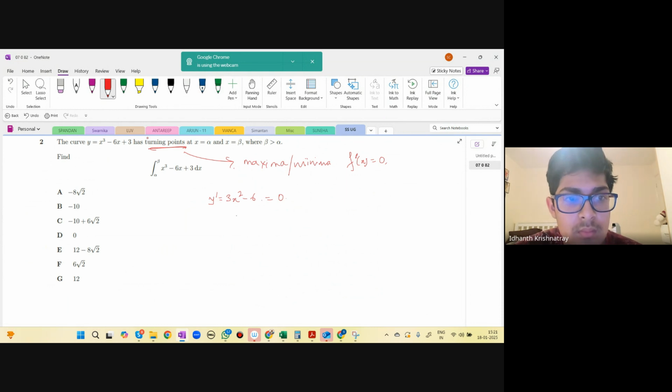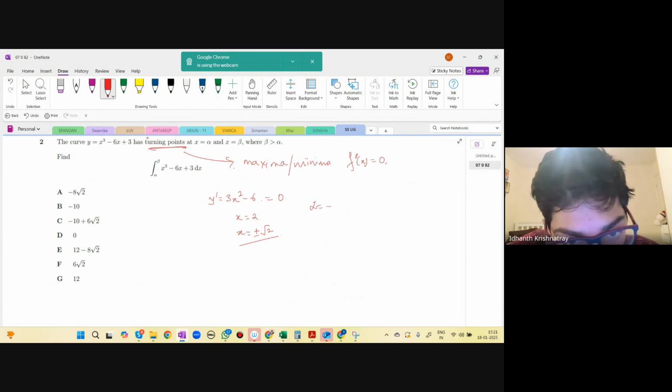So 3x square is 6, x square is 2, so x is plus minus root 2. These would be maxima or minima. And beta is greater than alpha, that means alpha is minus root 2 and beta is plus root 2.